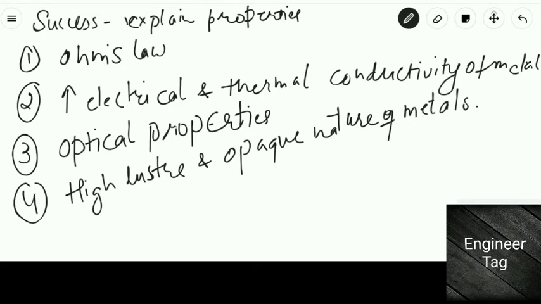So these are the successes of the classical theory: it was able to explain Ohm's law.